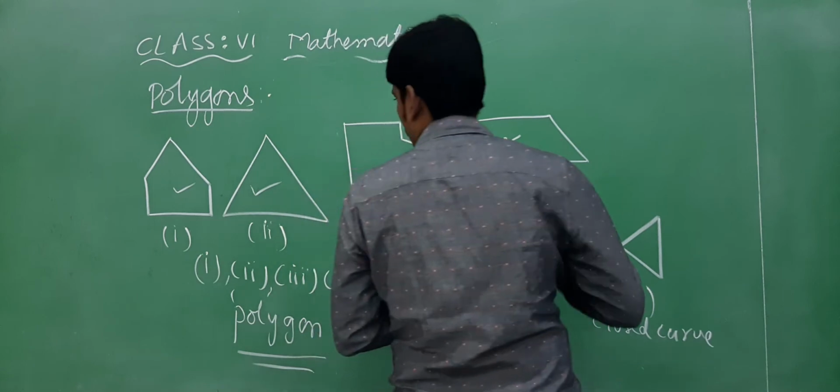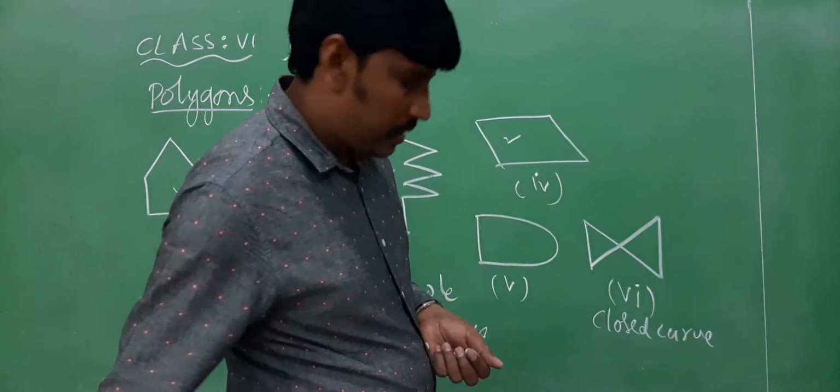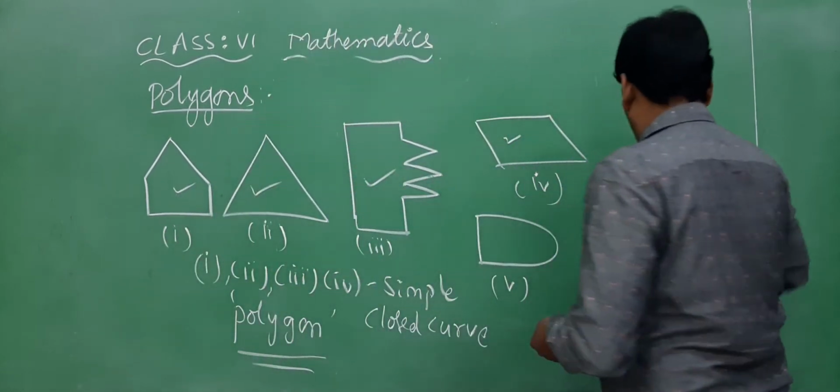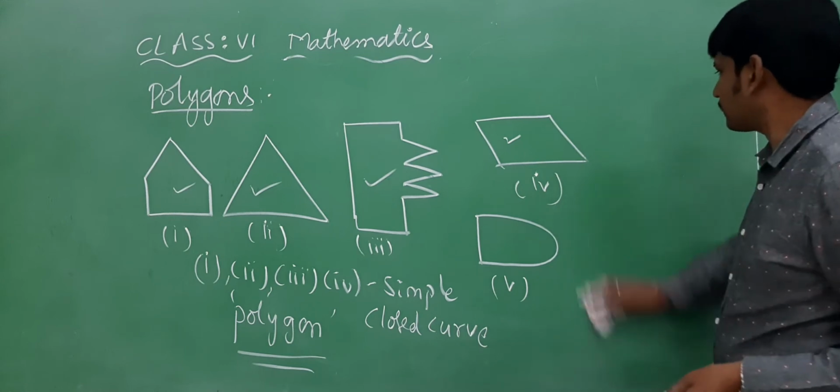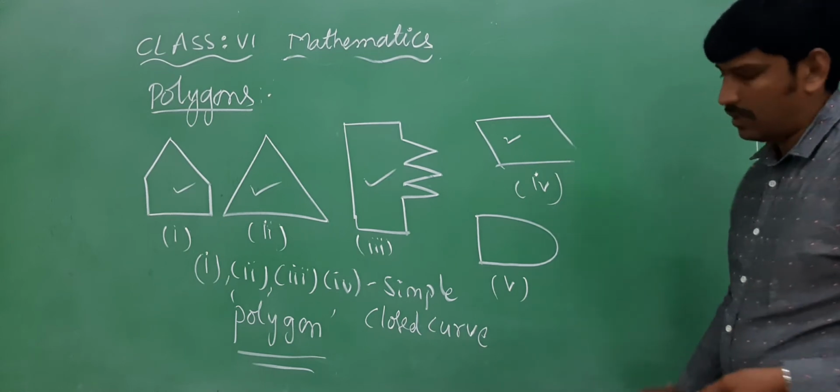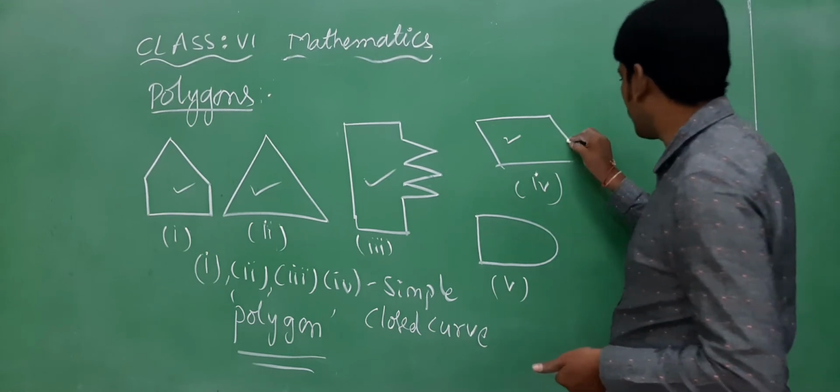Can you write? I'm going to write here. Write down: polygon definition.